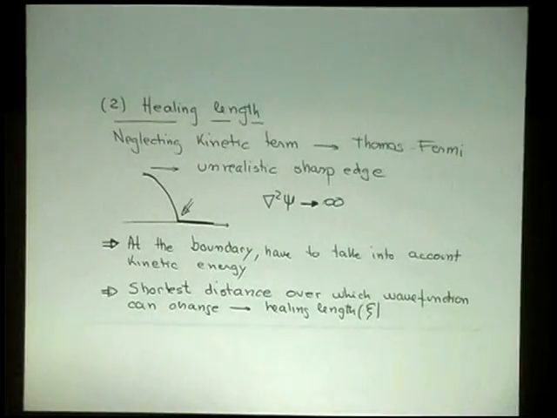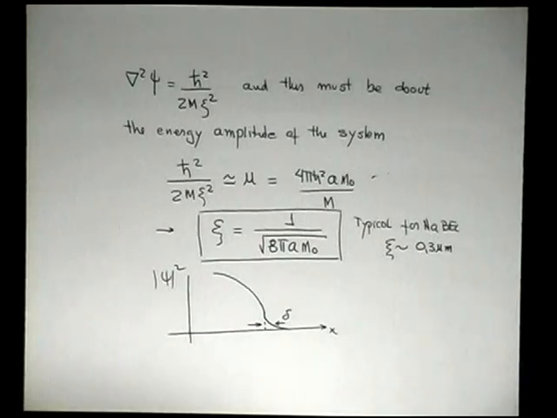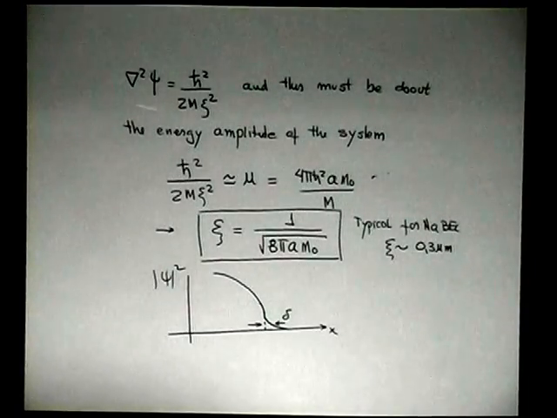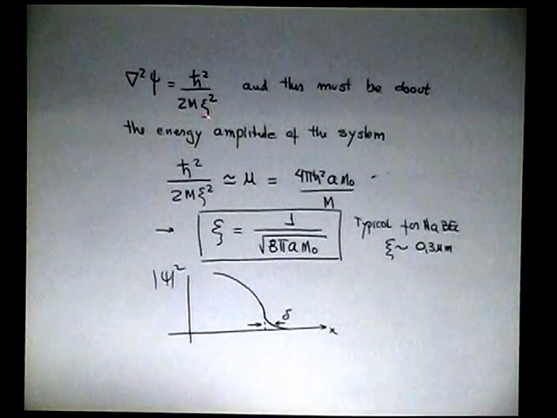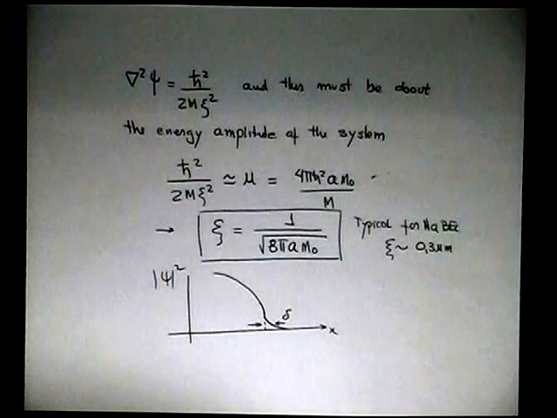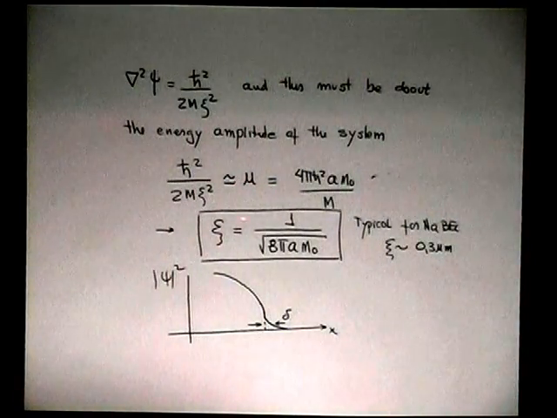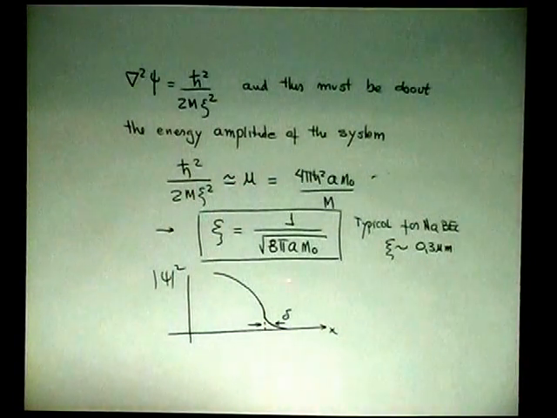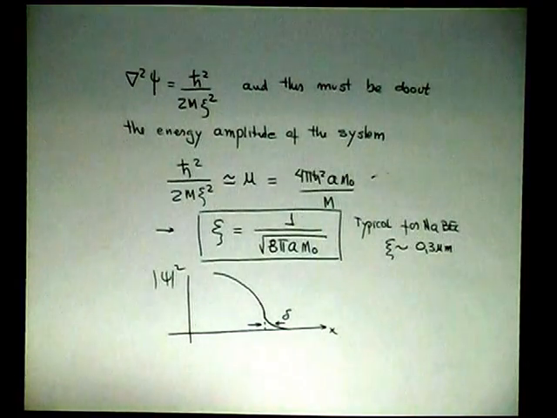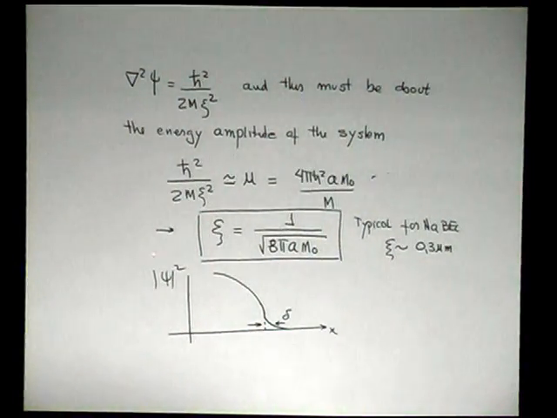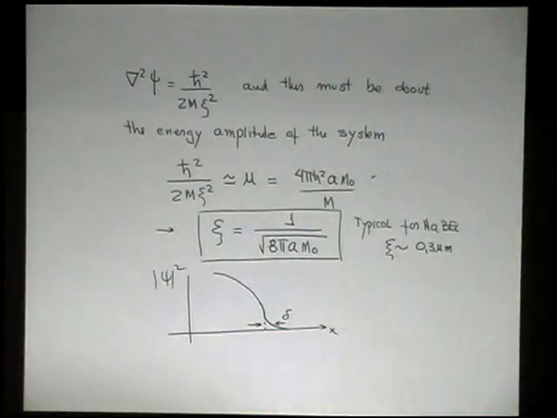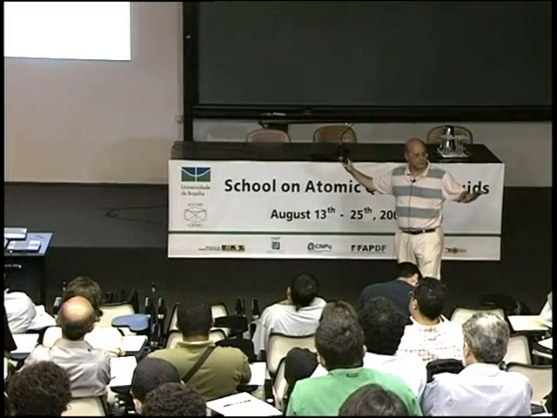So we can estimate what the healing length is. We just take this, which is given by this, and we make it equal to the chemical potential. This gives us the characteristic healing length for a system that has some density of particles and a scattering length. Because this is just due to interaction, okay?